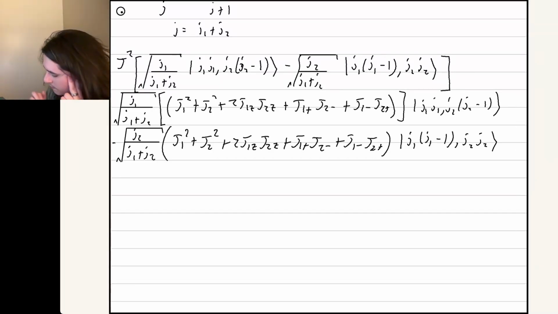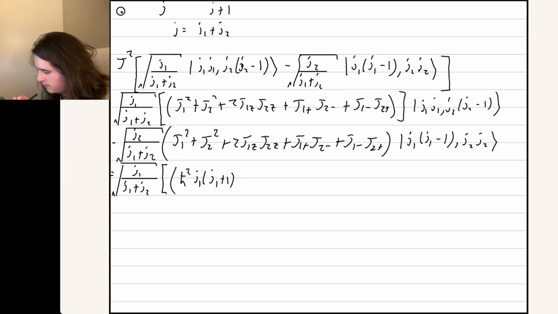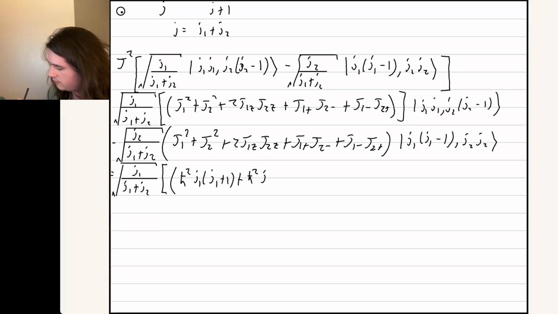So we're going to have some eigenvalues, obviously. So j1 plus j2, I'm going to open a bracket. And it's going to say, we're going to have an h bar squared j1 times j1 plus 1. We're going to have h bar squared j2 plus 1.